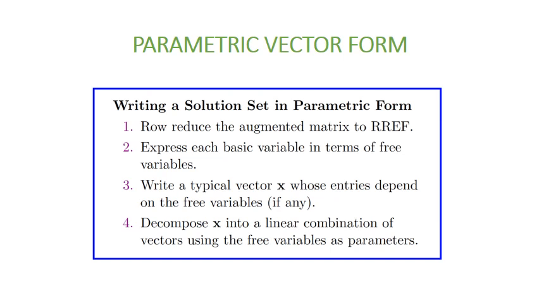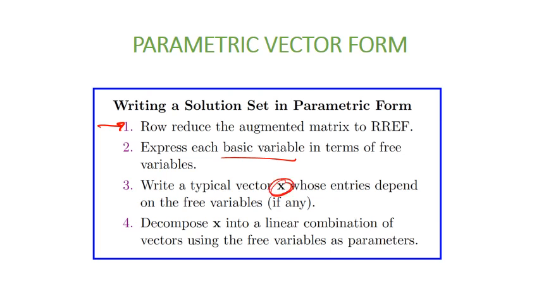This here talks about the different steps. So when you are looking for the parametric vector form, first you're going to set up your matrix and break it down into reduced row echelon form. Then you'll want to write your system of equations to identify the basic variables and the free variables.